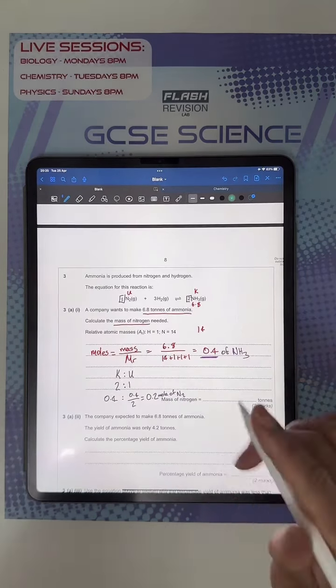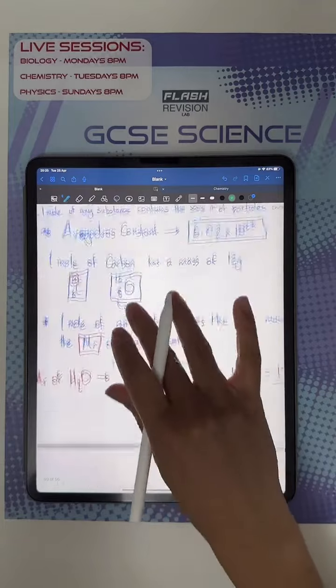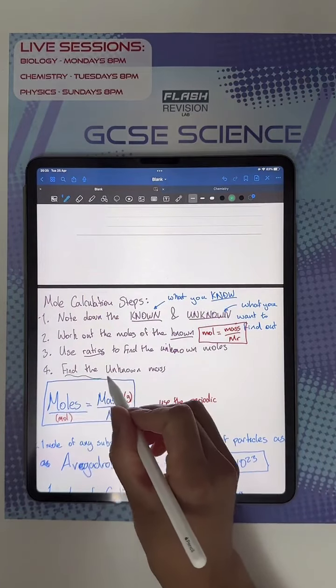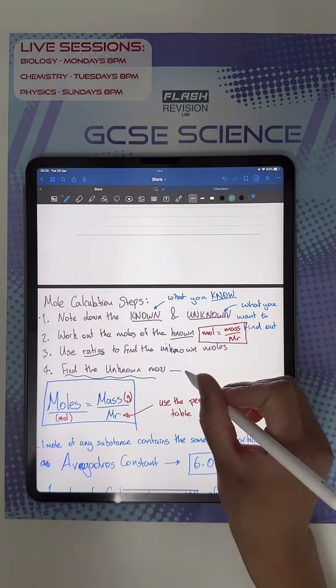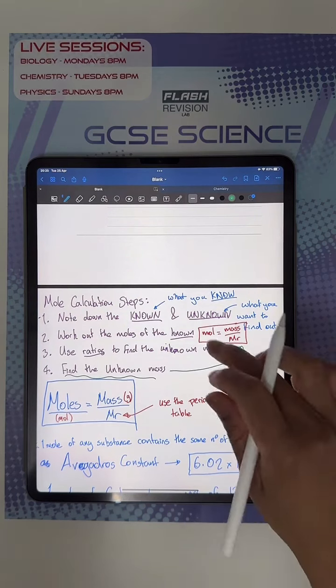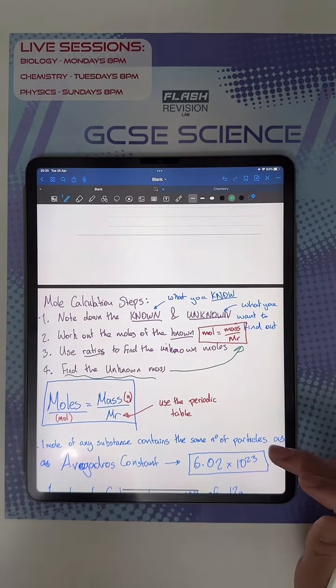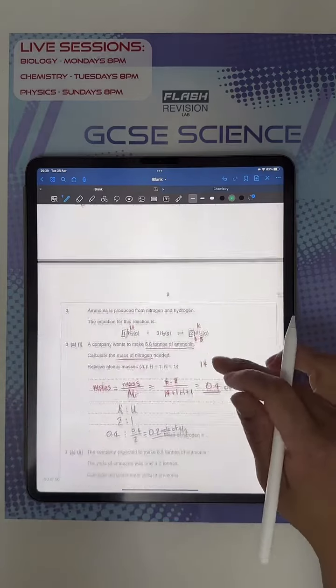Now our fourth step. We've got our 0.2 and our fourth step is to find the unknown mass. That's by using this equation again, but we want to rearrange it.